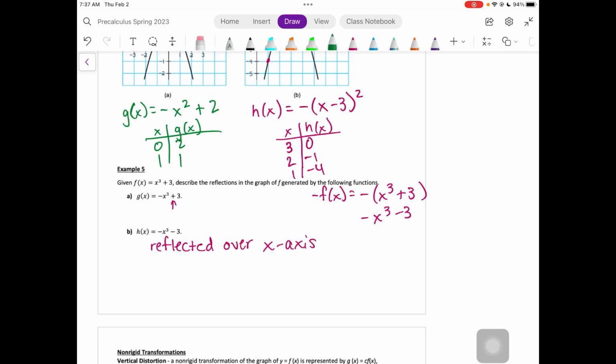All right, so then for a, if we plug in negative x, that's going to give us negative x cubed plus 3, and negative x cubed is negative x cubed without the parentheses. So this one is a reflection over the y-axis.